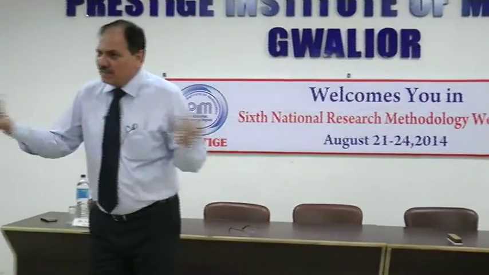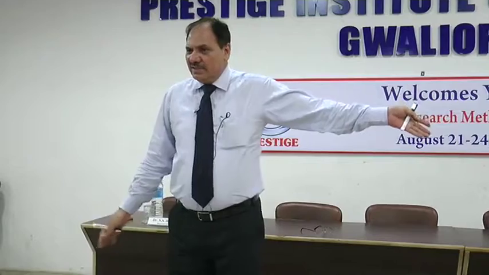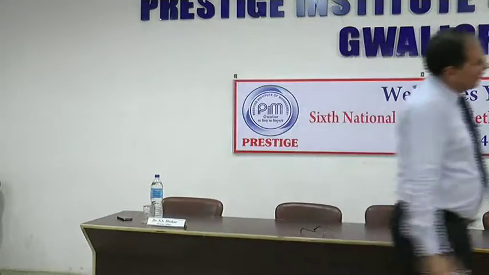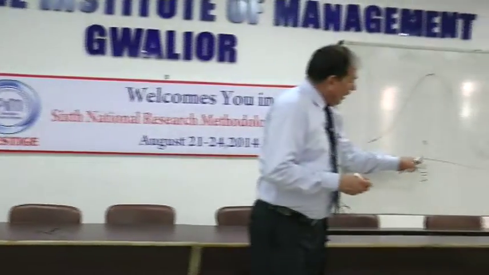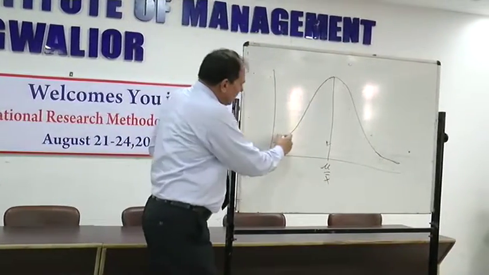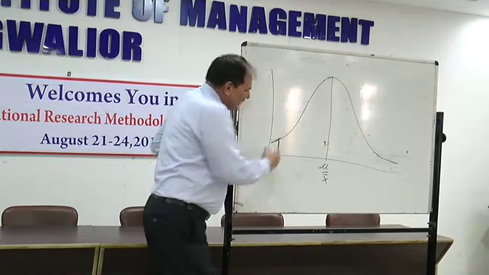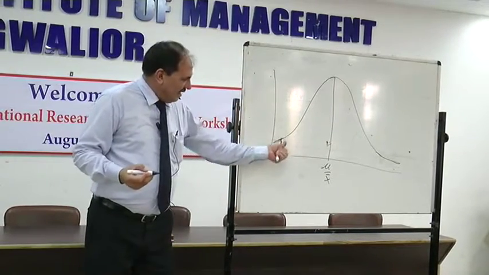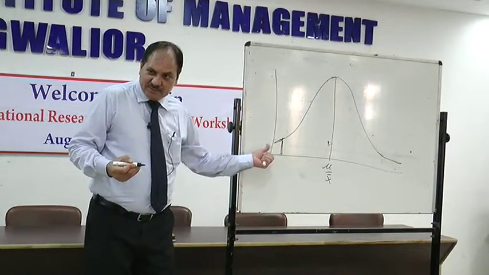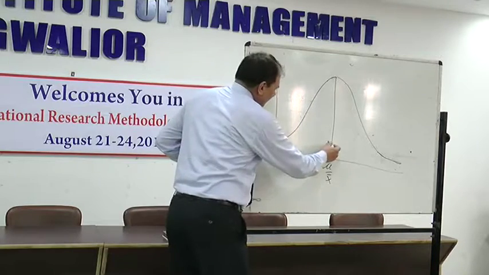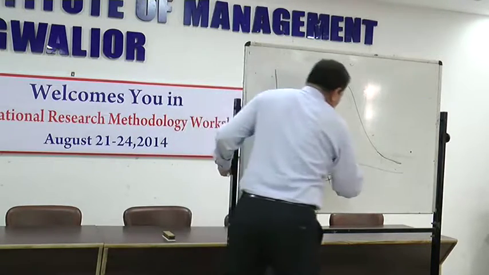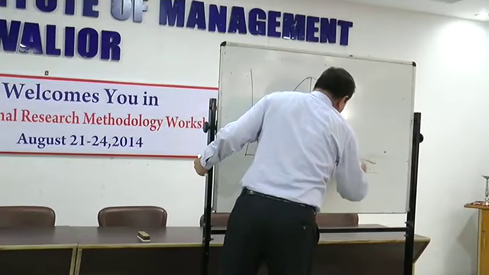Okay, the mean of all the sample means and the population mean are going to overlap. They are going to be the same. Now, if we move to the left side cutoff line, there is an acceptance area this side and there is an acceptance area the other side.